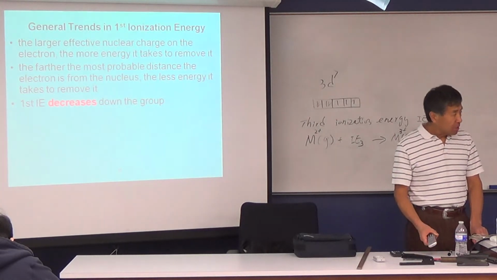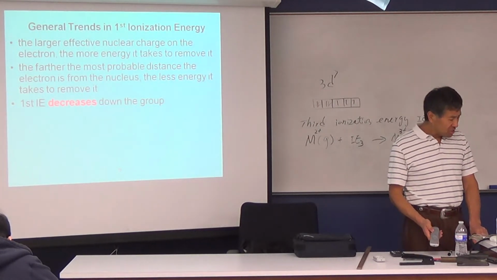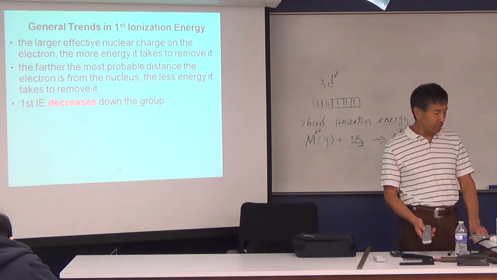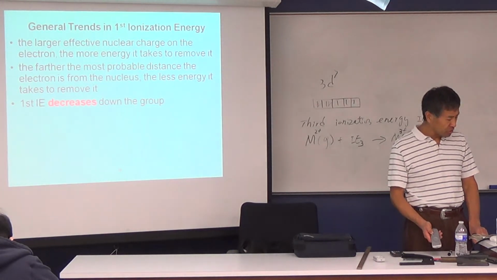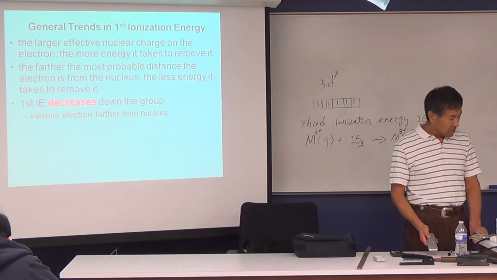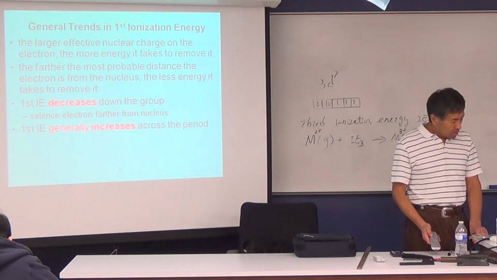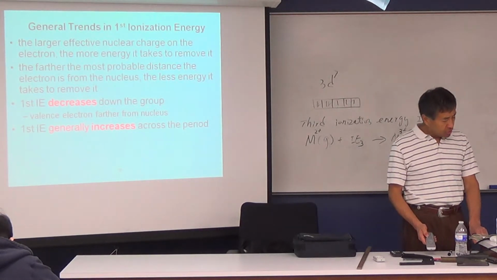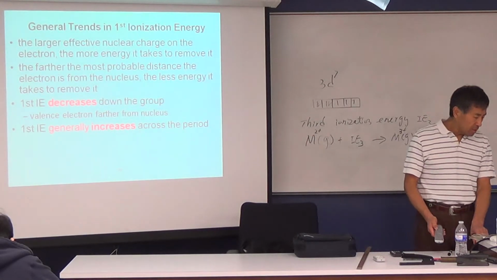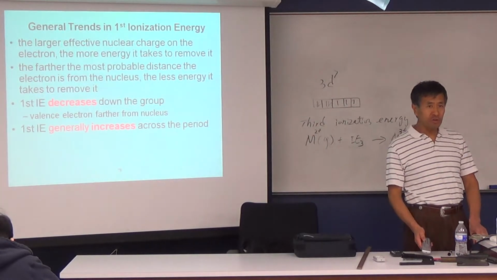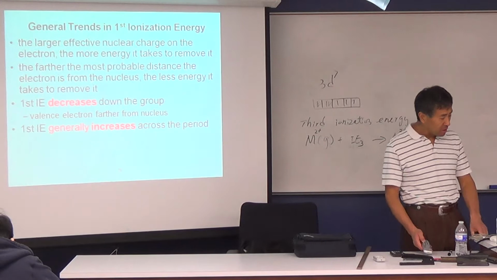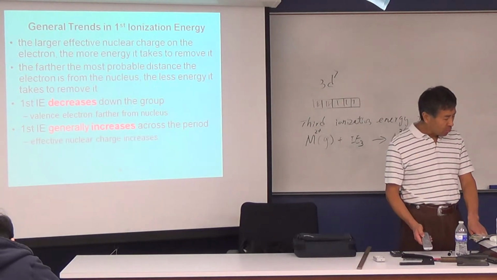Therefore, it's getting easier and easier to remove the electron, and the IE1 decreases. So these two patterns, again, are our usual patterns: compare left to right, top to bottom, or vice versa.